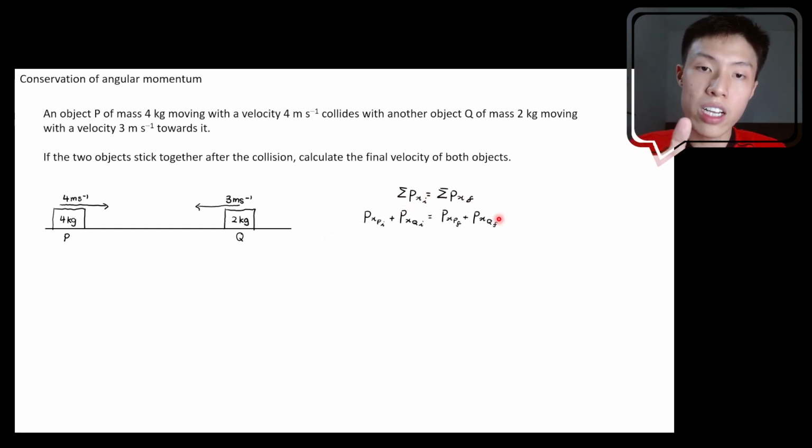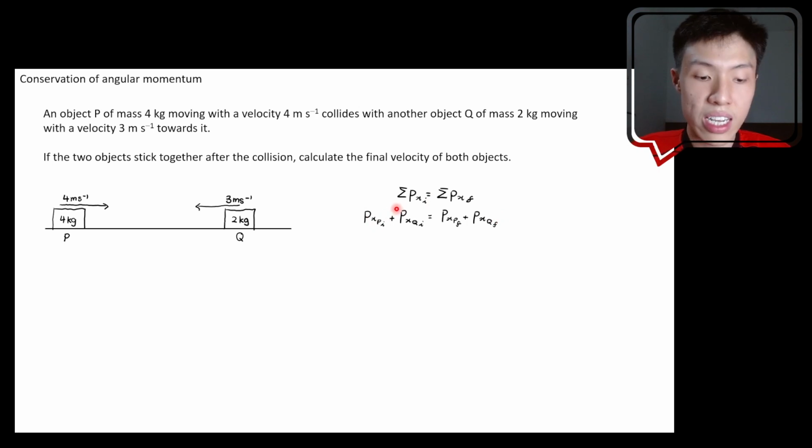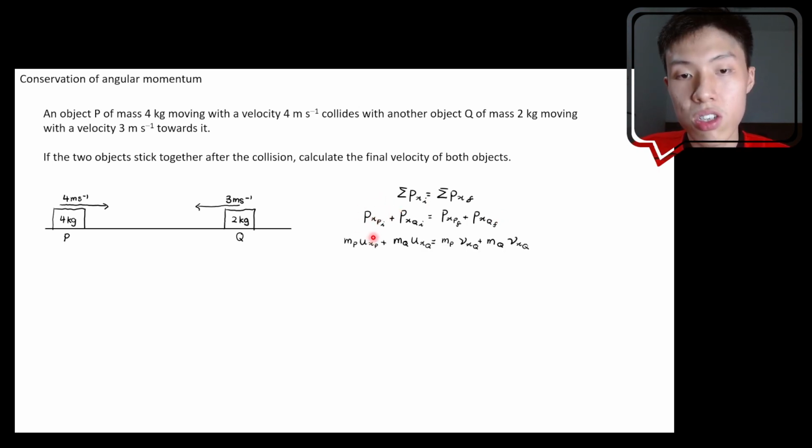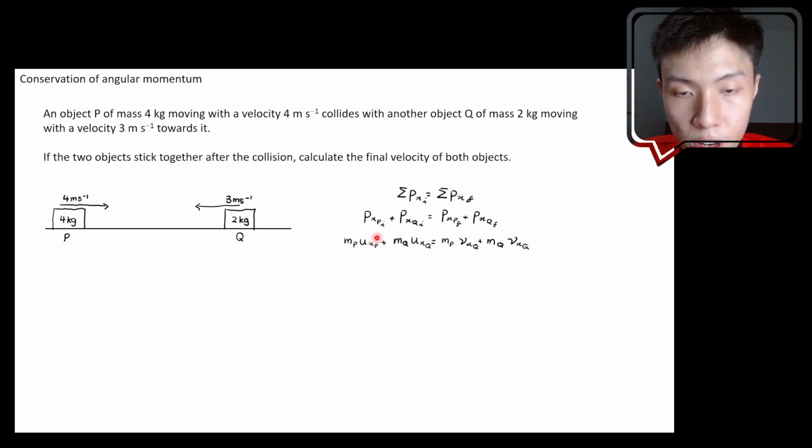If we talk about the X component, then only can we introduce the sign to the velocity, which you'll see later. Momentum is just mass times velocity. So this will be mass times initial velocity, and mass times final velocity, for each object. But our initial and final here are the X components of initial velocity and X components of final velocity.